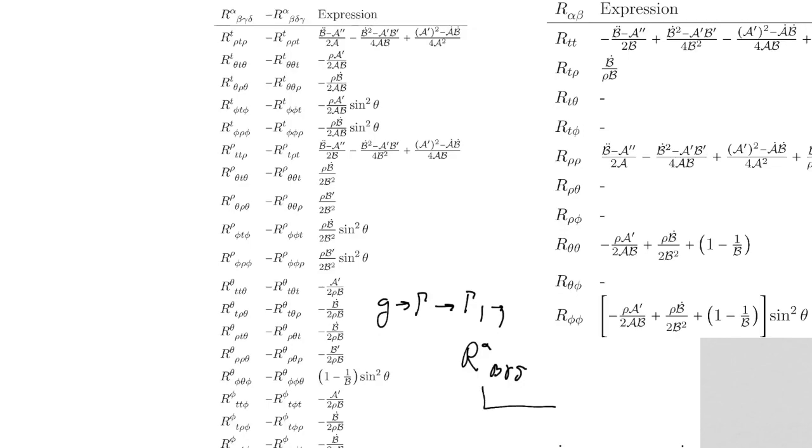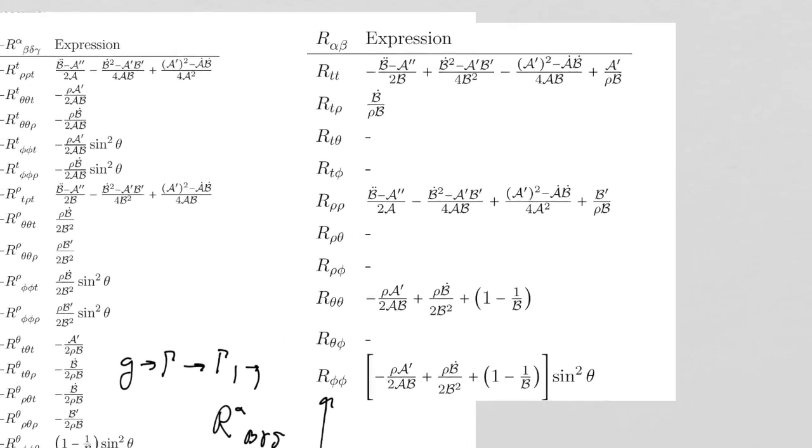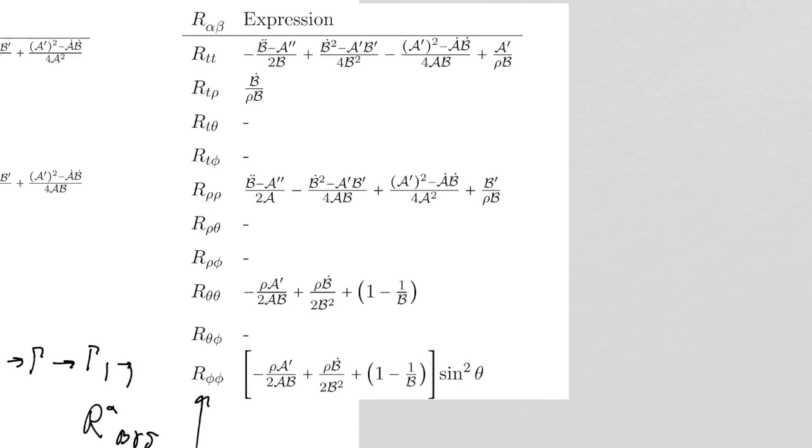Now we do this to calculate all of the Ricci tensor components, right? So the Ricci tensor components are much easier. The expression is obvious, right? R alpha beta is simply R delta alpha delta beta, right?